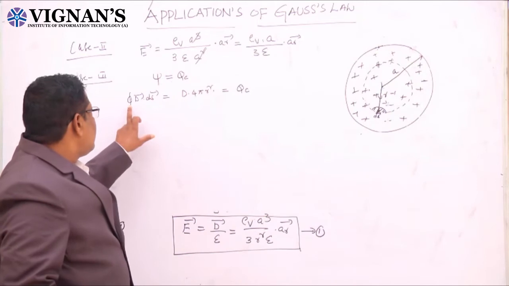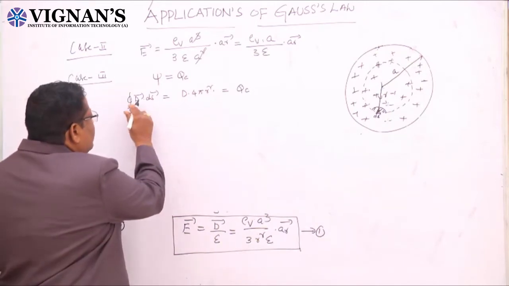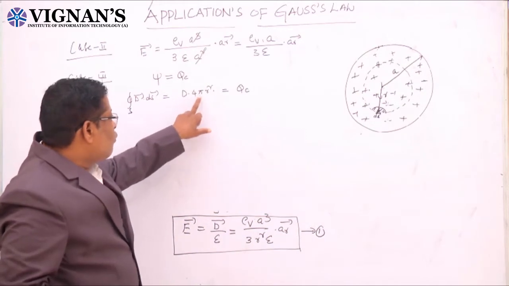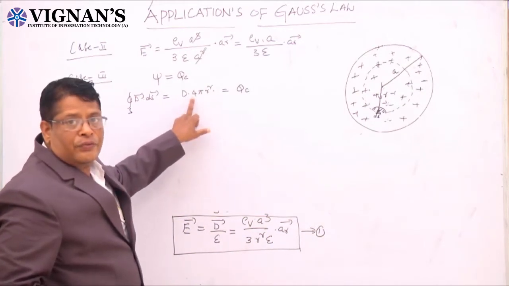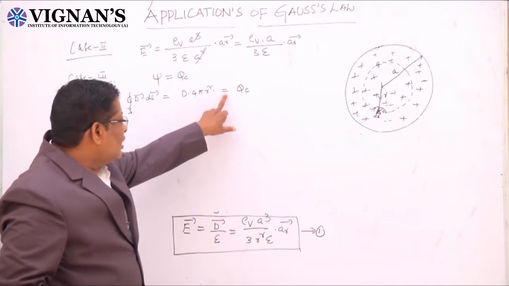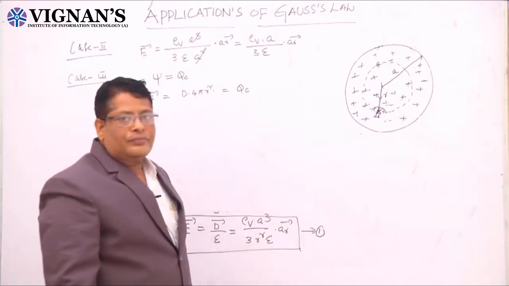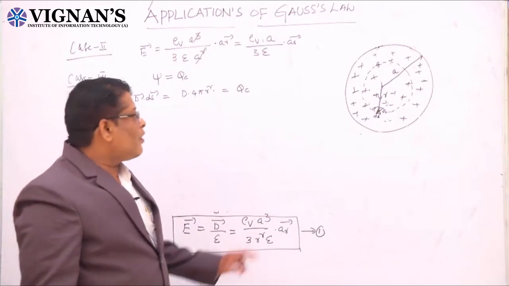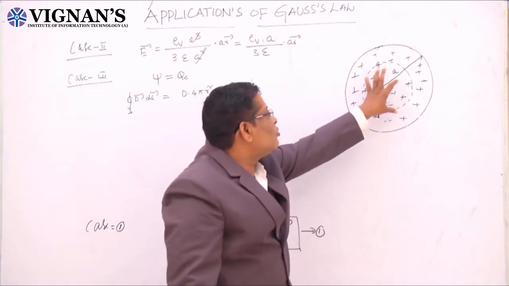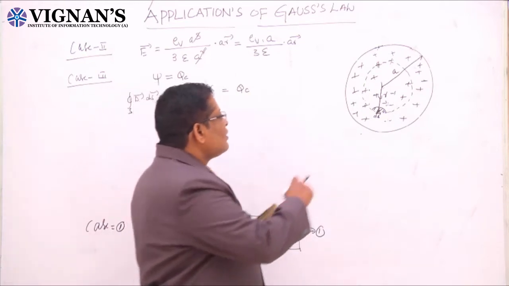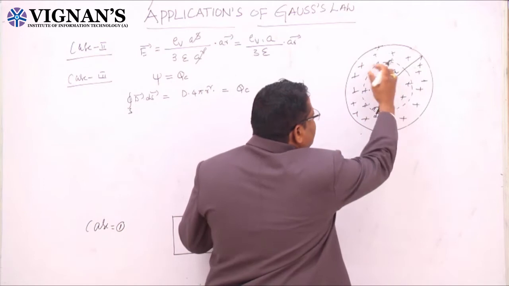If you complete the surface integral of D bar dot ds bar, what we have done in the first case, we are getting the same value, D into 4 pi r square. That is equal to the charge enclosed by the Gaussian surface. Now here, we have to find out how much charge is enclosed by the Gaussian surface. In this case this is the volume.